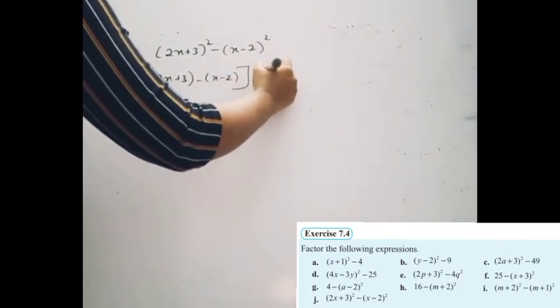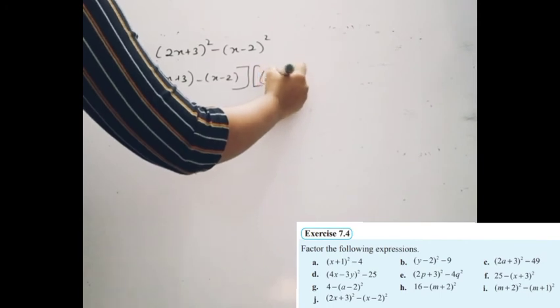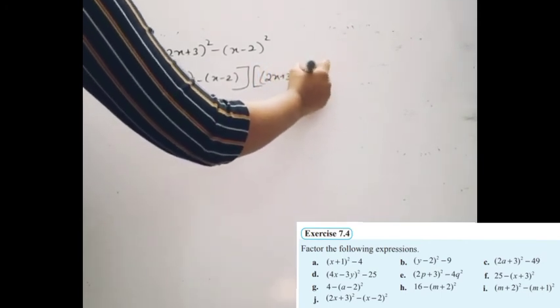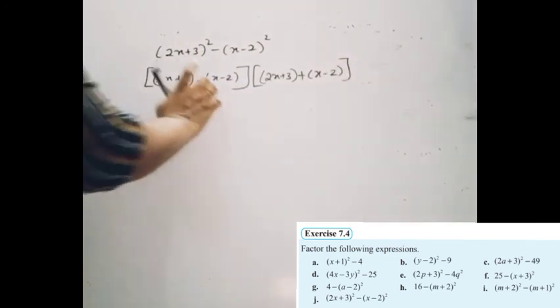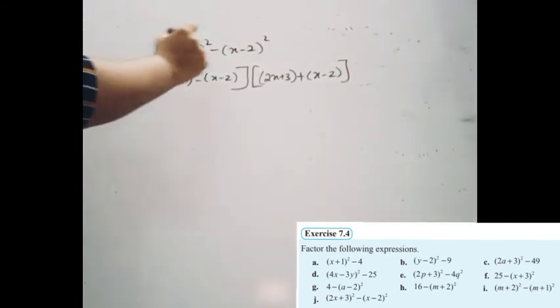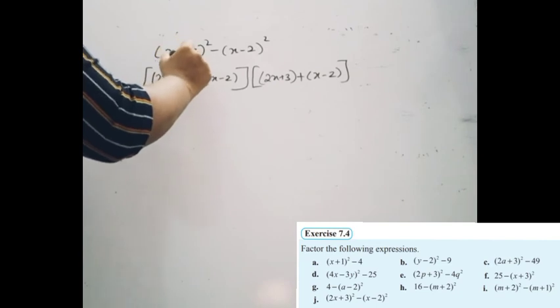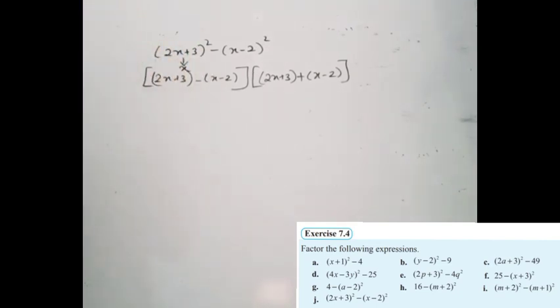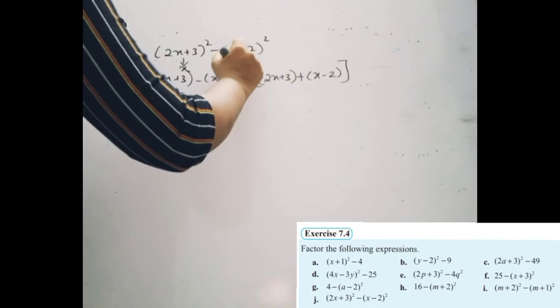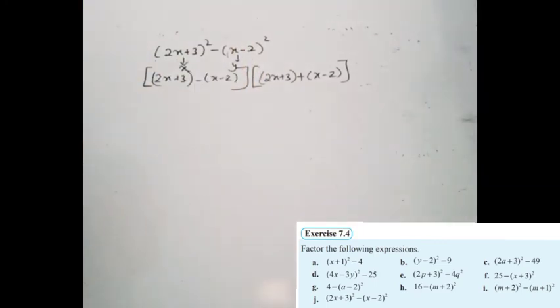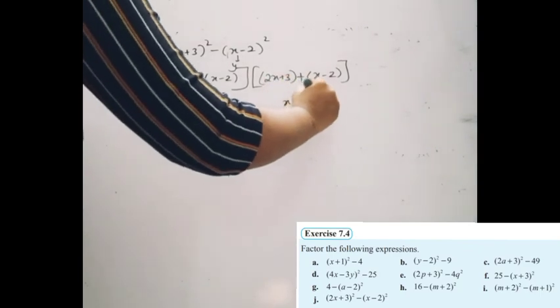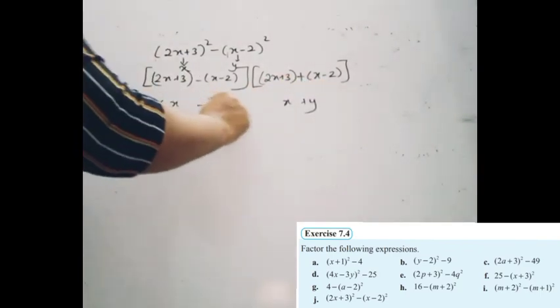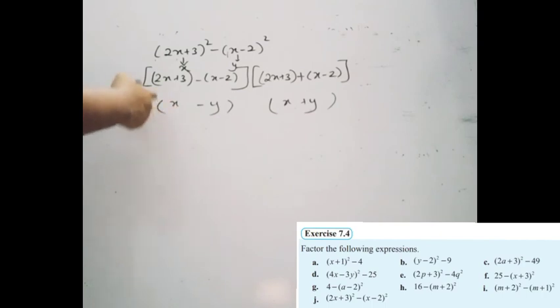Then writing it as an addition, 2x plus 3 plus x minus 2. So the children do get confused here, but it's simple. See, instead of x, this expression has come here. Instead of y, they have used another expression here. So this is actually x minus y. This is x plus y form. See? So all you have to do is replace it with these algebraic expressions.